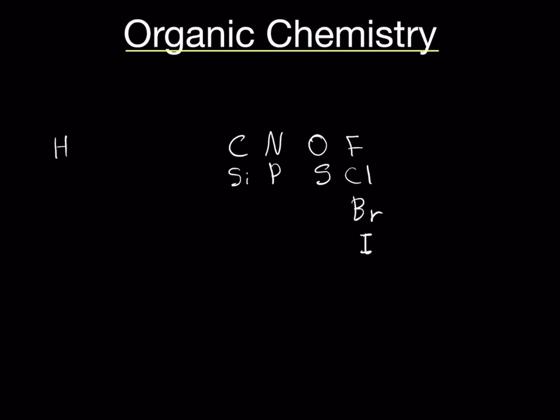How many bonds do each of these elements make? Hydrogen usually makes 1. Carbon and silicon make 4. Nitrogen and phosphorus make 3. Oxygen and sulfur usually make 2 in their neutral states. And the halogens make 1.